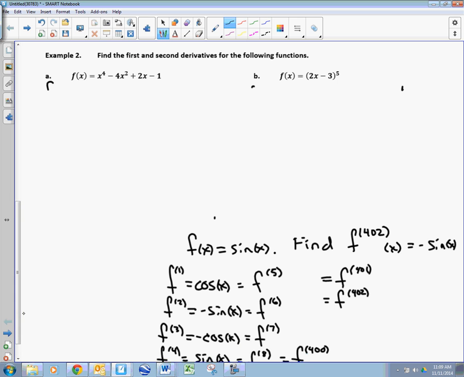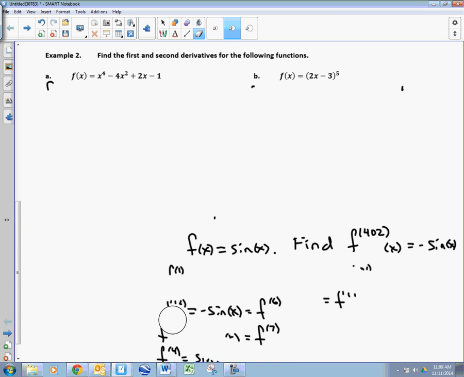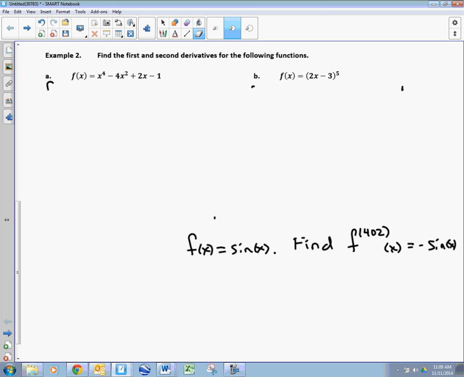Let's try something that's a little easier here, okay? It says find the first and second derivatives of the following functions. So for a, we have f of x is x to the fourth minus 4x squared plus 2x minus 1. We simply want to find f prime of x and f double prime of x.